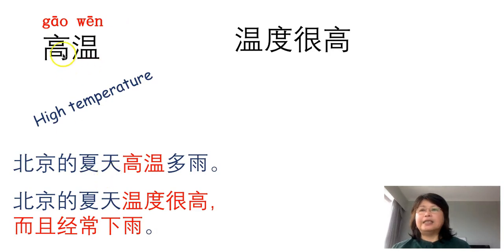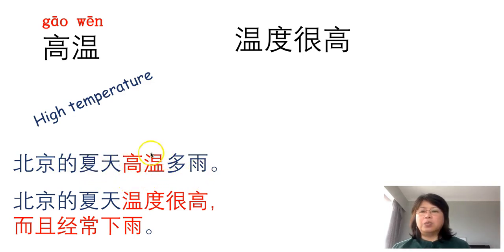第一个词高温. So we have learned 高 that means high and 温 here is the short for 温度 temperature. So 高温 that means high temperature. How are we going to use it in context? 比如说北京的夏天高温多雨.